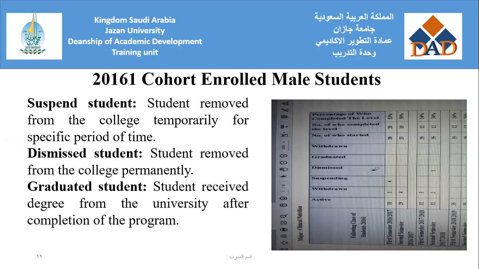Another heading is suspended student: students removed from the college temporarily for a specific period of time. But maybe after 5 or 6 months of suspension, he can come back to the college and continue his course. Dismissed means the student is removed from the college permanently, so he will not continue the program. Graduated student means a student who received a degree from the university after completion of the program. These things are here.